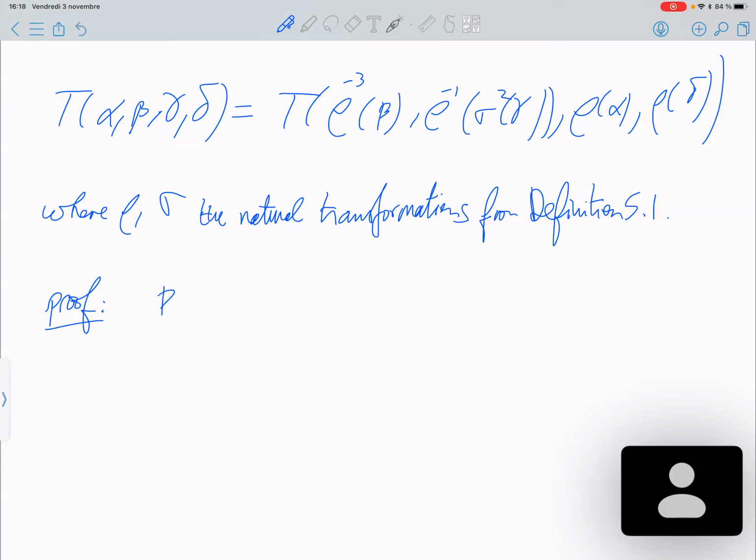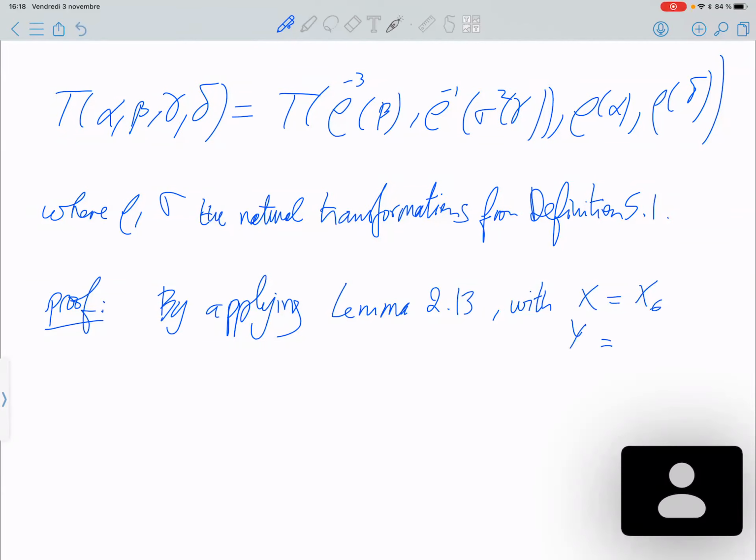So by applying, so this was Lemma 2.13 with x equal x6 and y equal x2 tensor x3 tensor x4.